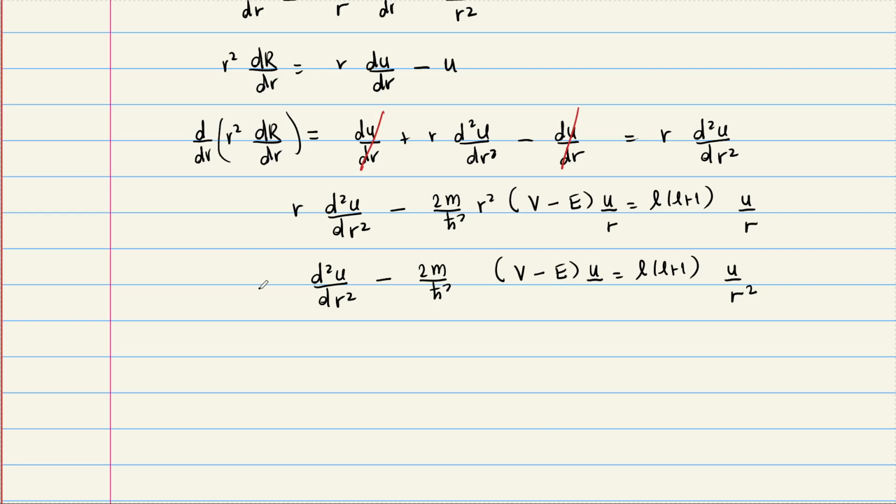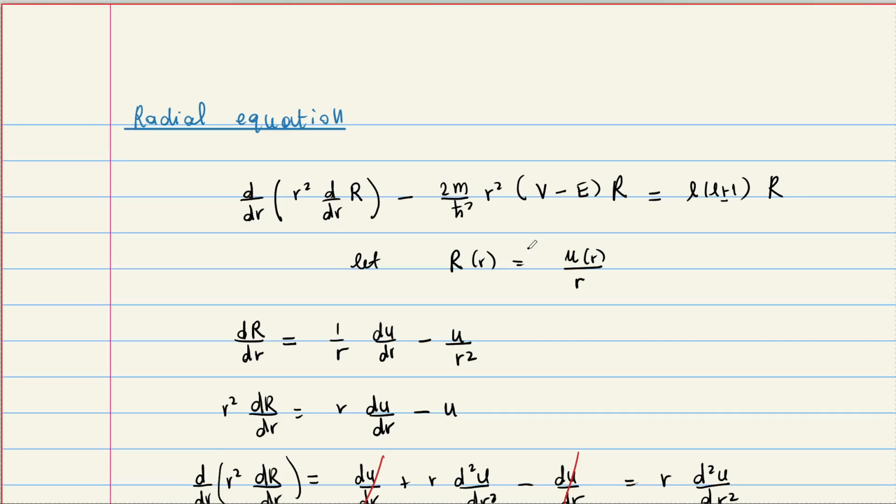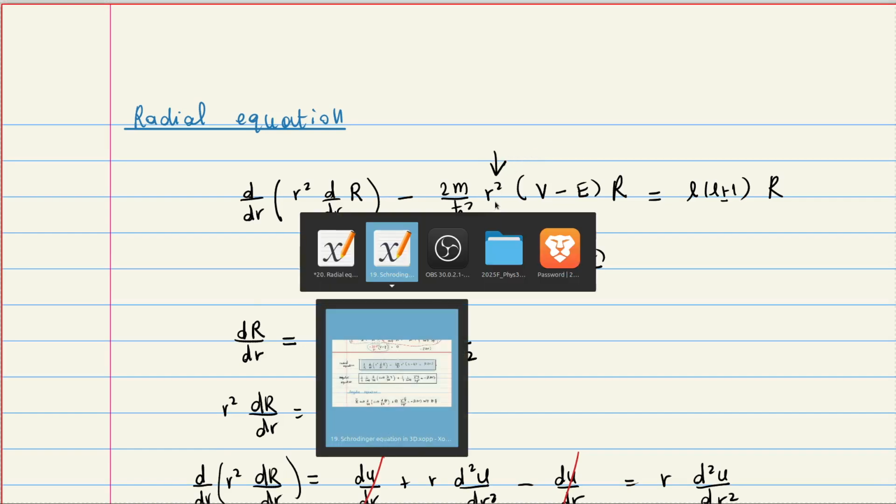And I want to multiply this with minus h bar squared over 2m. So this is plus, and this piece is minus h bar squared over 2m. Let me write r squared here. Where did r squared come from before? This one we obtained in the previous, right?